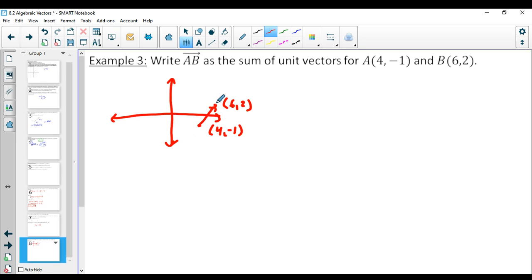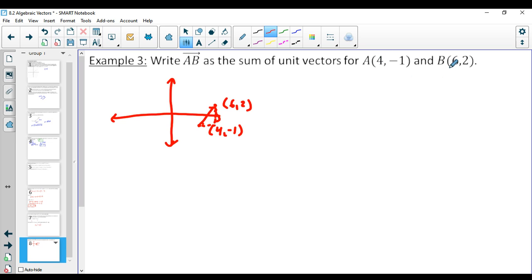A was first, then to B means we're going to B. So our change in x and our change in y: sorry, I've mixed this up twice now.